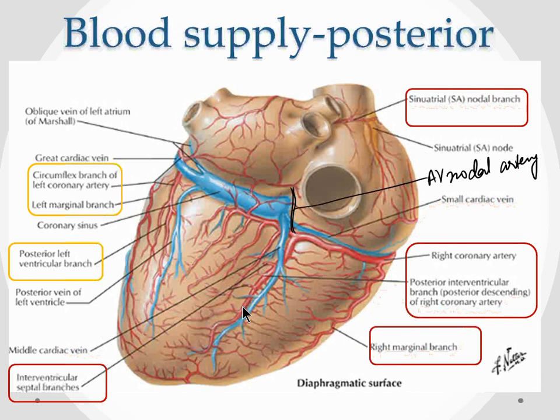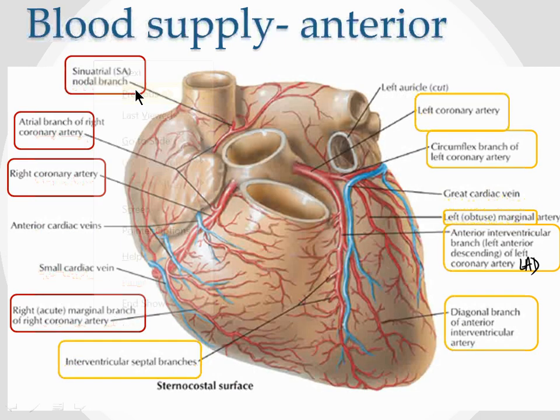Okay? Now, for the veins, I'll show you another picture, but what I want you to see in this picture is which veins travel with the posterior interventricular artery. You can see here this vein is the middle cardiac vein. And if we go back to the previous picture, look at this right marginal artery. We have a big vein which travels with it, which is called the small cardiac vein.